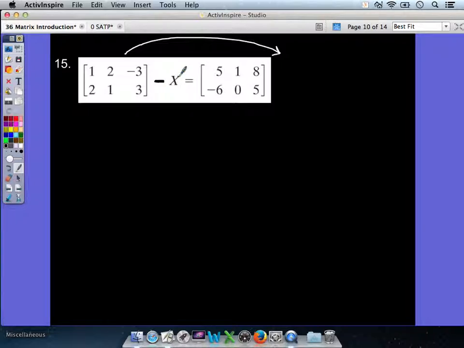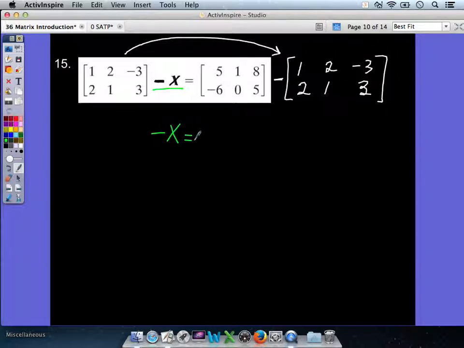What's negative is this matrix x, and this matrix right here is positive. So when I take it to the other side, I'm going to subtract that 2 by 3 matrix, 1, 2, negative 3, and 2, 1, 3. I have to be careful because what that leaves me is negative x, the opposite of that matrix. Then I perform the operations over to the side.